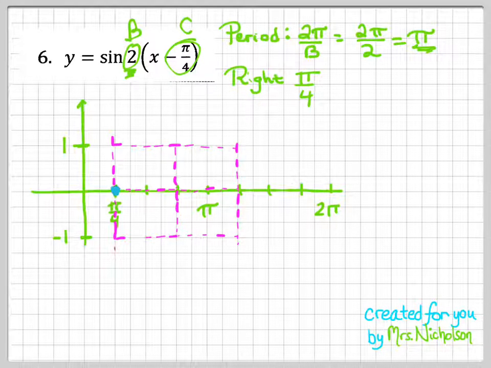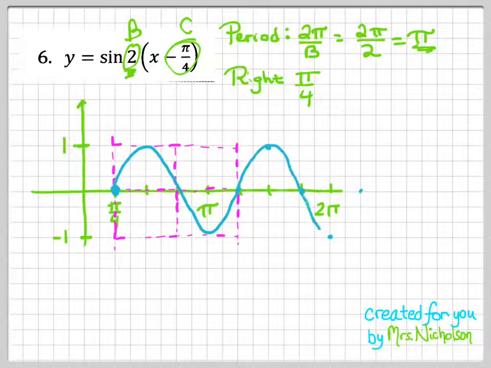So I'm going to start right here, and sine goes up, comes back down through the middle, bottoms out, and we're back to where we started by the end of the window pane. And then I'm going to sketch one more cycle. And there's our graph. All right, let's move on to number 7.